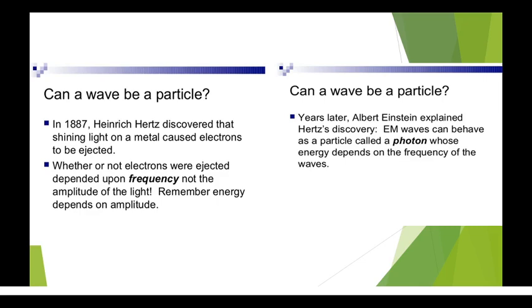So in the photoelectric effect we consider the incident light to be a photon having energy equal to h nu. So it was discovered by Albert Einstein that a wave can also be considered as a particle.